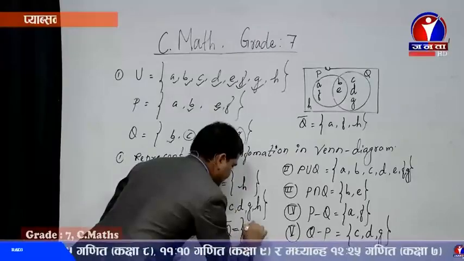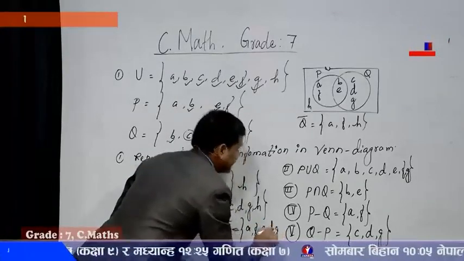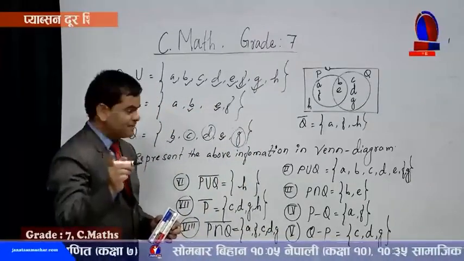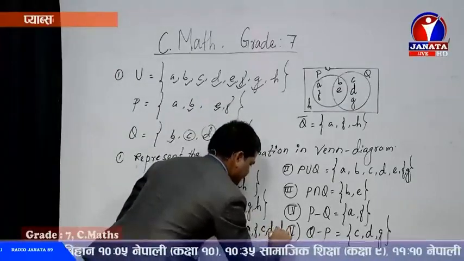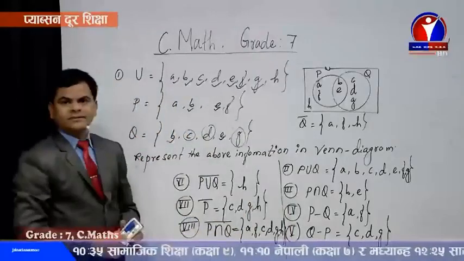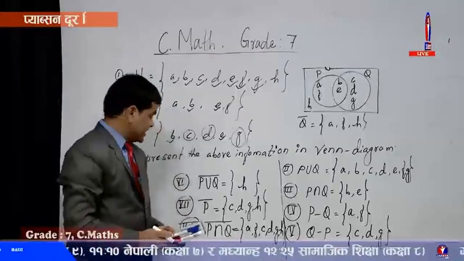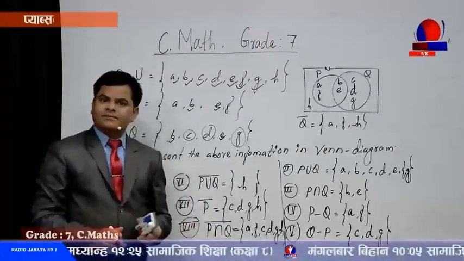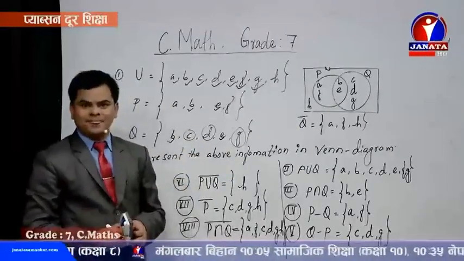A, F, comma, C, D, G, and then after, we should not forget to include the elements of the complement as well. That means H. So this is the way of extracting the elements of any information through a Venn diagram.